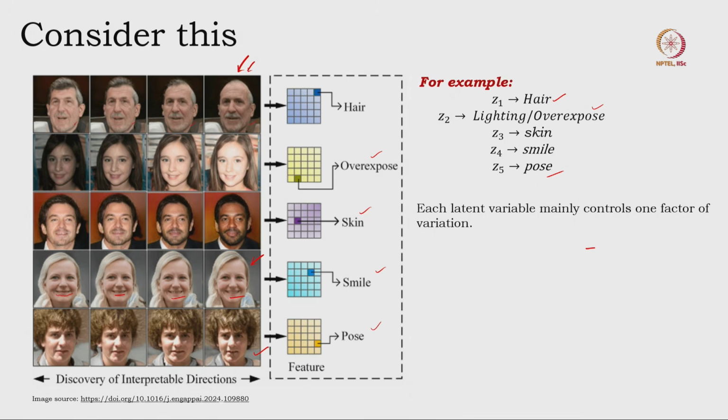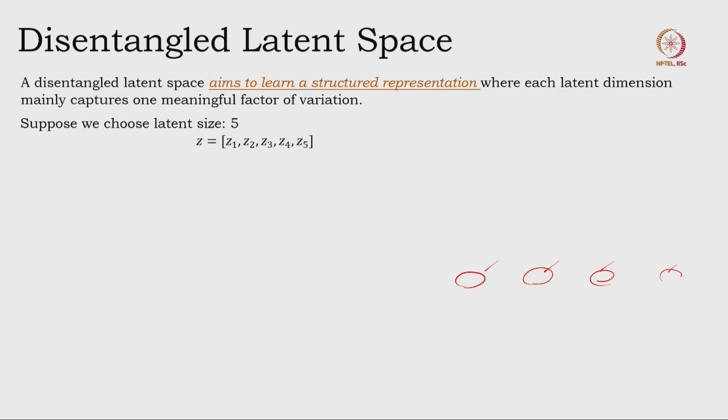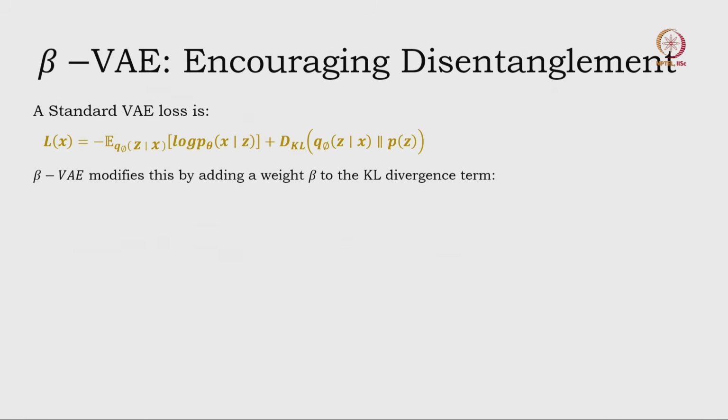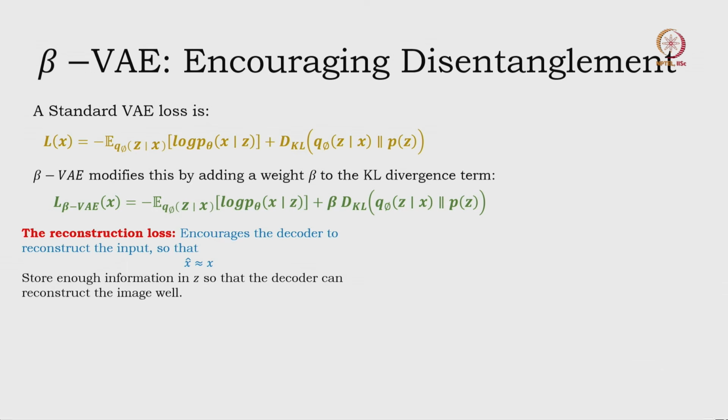If that is achieved, by doing modification only with respect to Z1, you are able to generate different variations. So, this is our requirement, and this requirement is achieved by using the beta term added to the KL divergence.